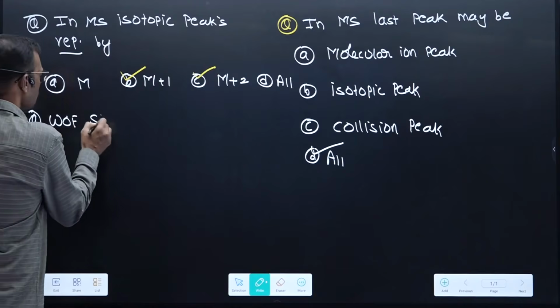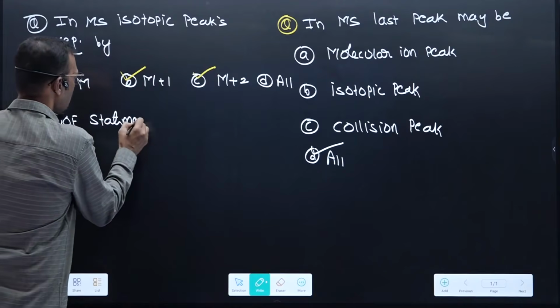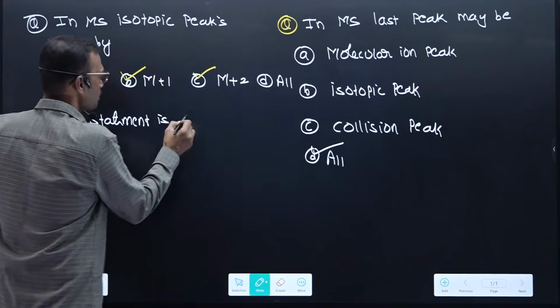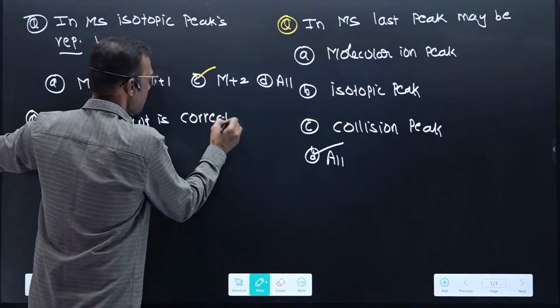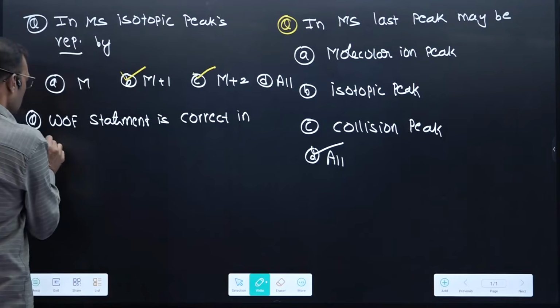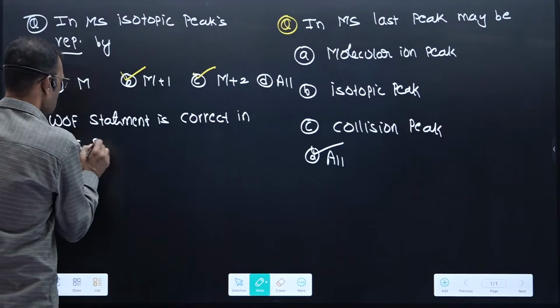Right. Which of the following statements is correct in the mass spectrum?